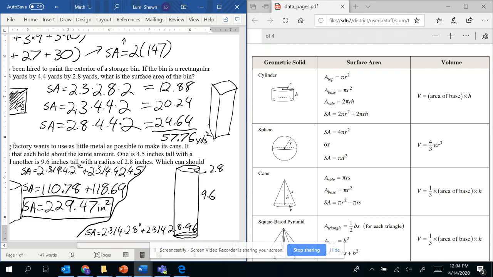Okay, so first part, surface area equals 2 times, exponents first, 2.8 squared times 2 times 3.14 equals, and we have 49.23.